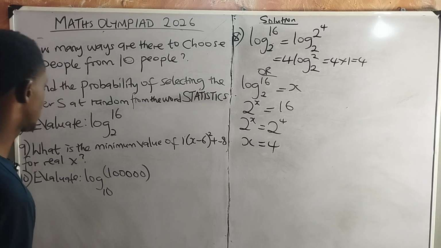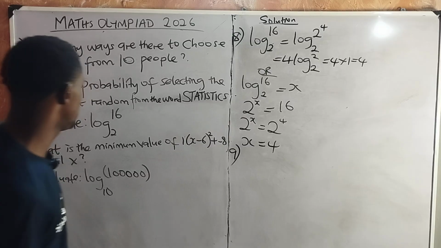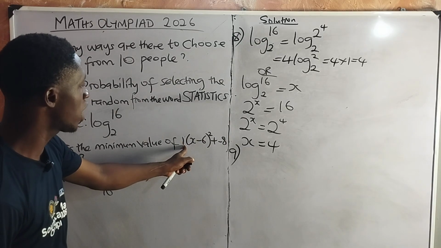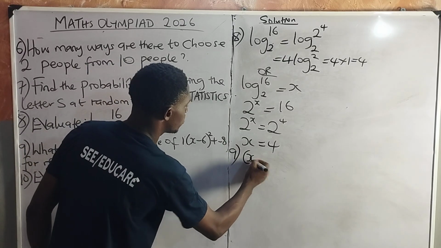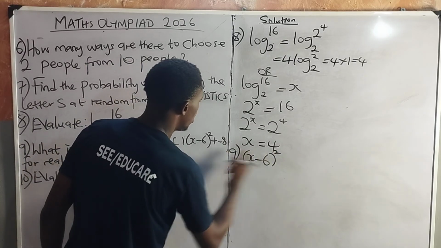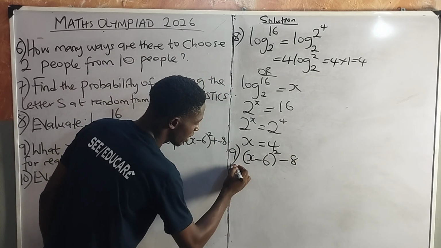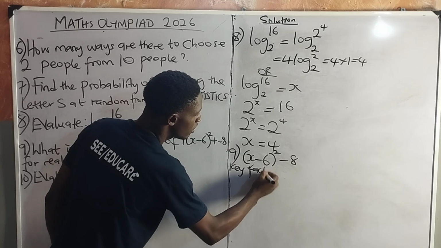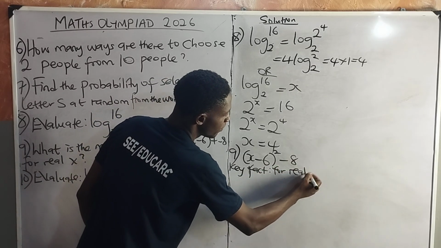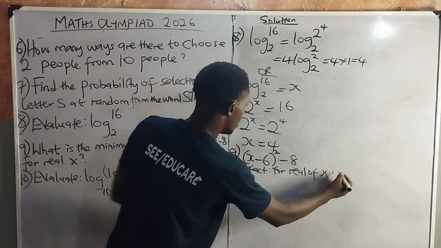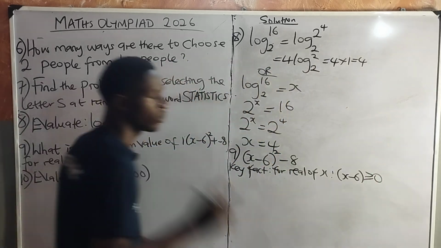Still the same answer. Then number 9, what is the minimum value? This 1 here, you know that anything multiplied by 1 is itself. So we can leave it as (x minus 6) all squared plus, times minus, is minus 8. Key fact, very important: for real x, this (x minus 6) squared must be greater than or equal to 0.